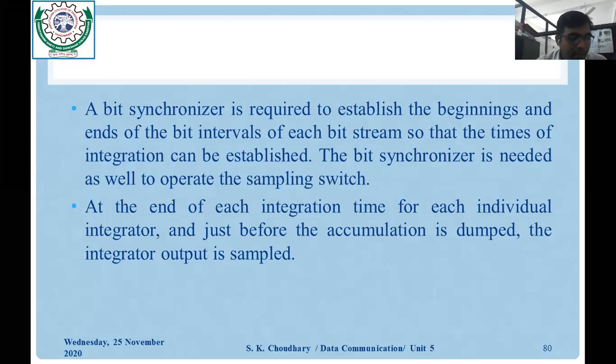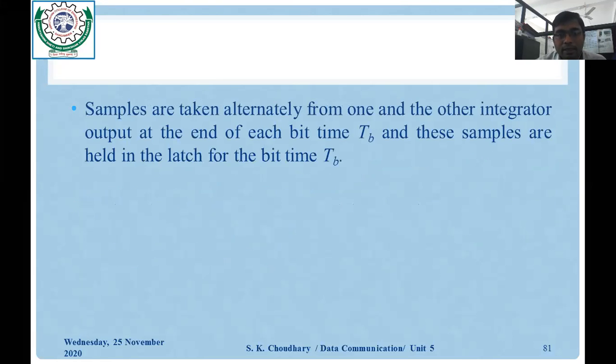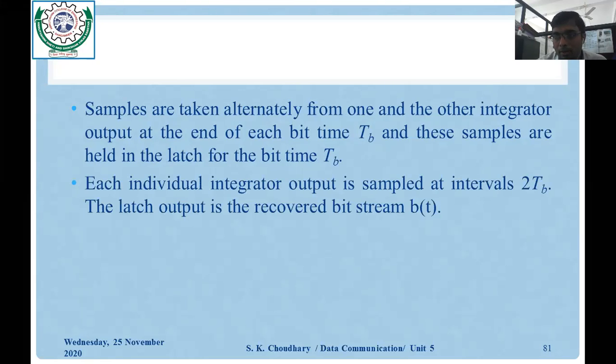The samples are taken alternately from one and the other integrator output at the end of each bit time Tb, and these samples are held in the latch. A latch block is also shown for the bit time of Tb. Each individual integrator output is sampled at intervals of twice Tb. The output of the latch is finally your bit stream b(t).